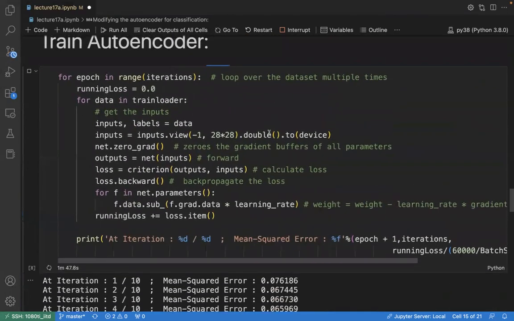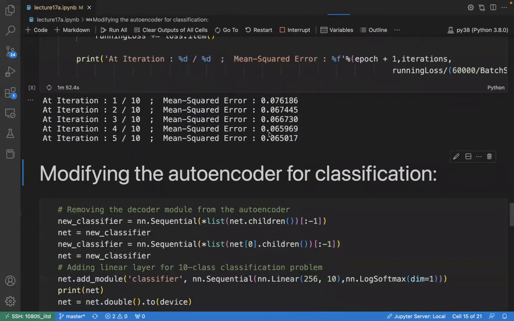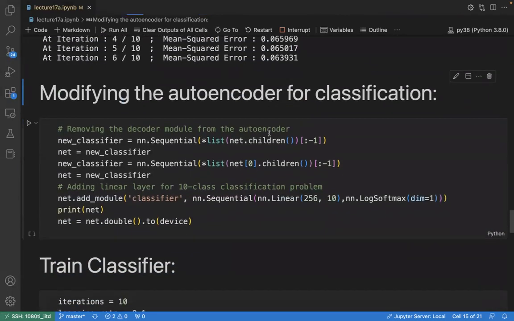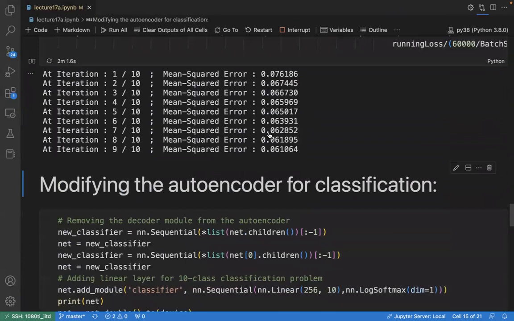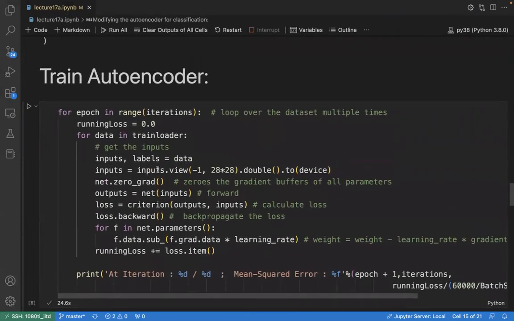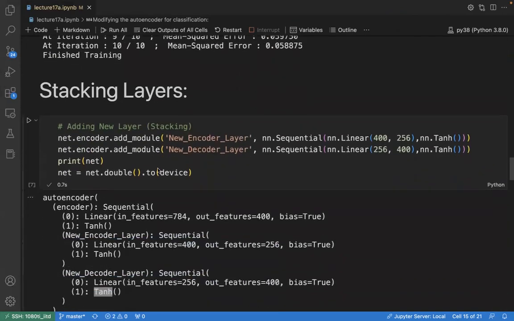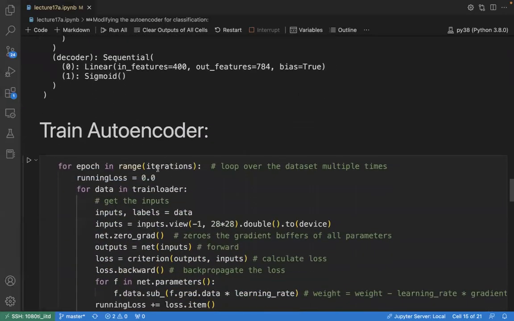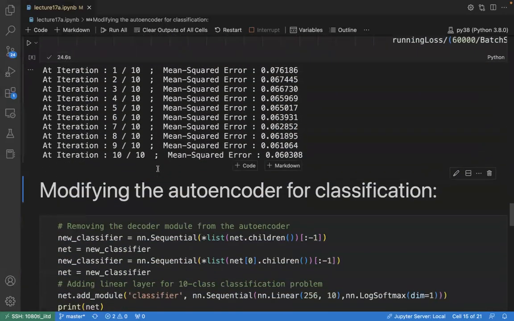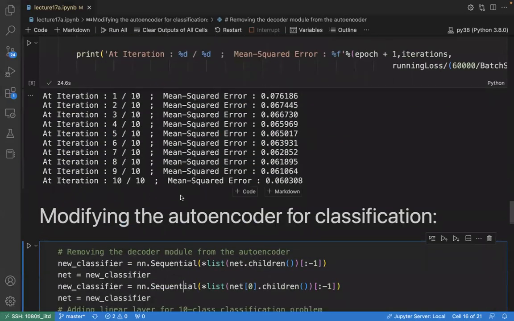Of course, the architecture is bigger now. All the steps will be the same, nothing new. Okay, the training has been done, and so what is the advantage now?